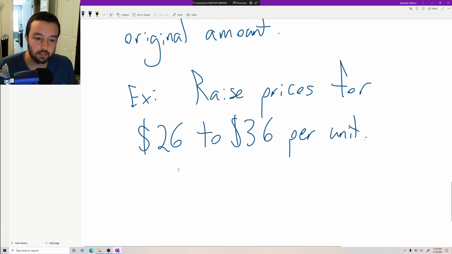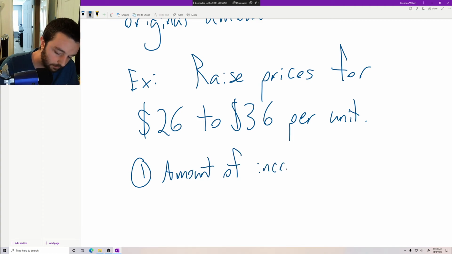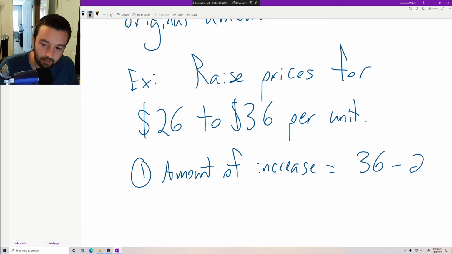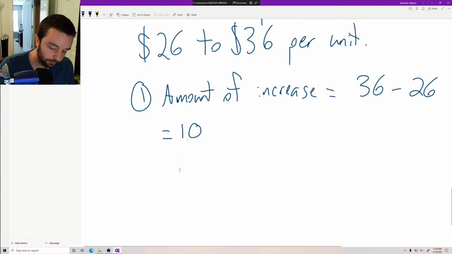So what's the percent increase here? Well, first, the amount of increase in general is going to be the difference of the new price and the old price, right? So you do 36 minus 26 in this case, and you get 10. So the amount of increase is 10.